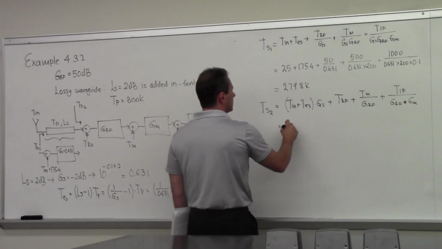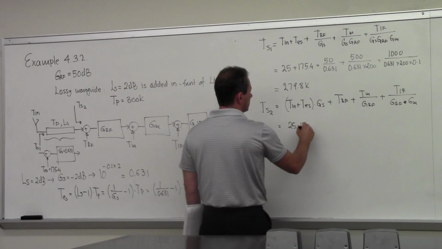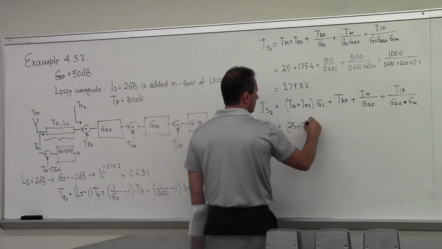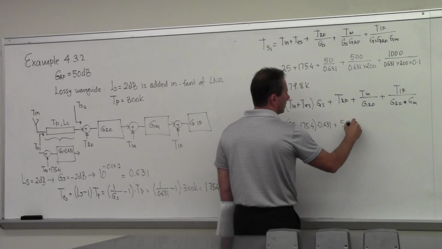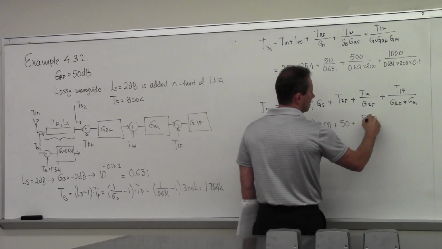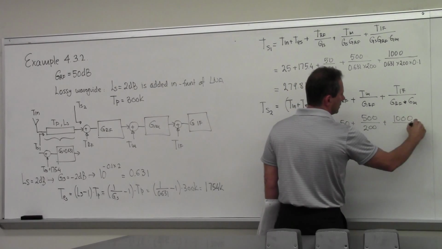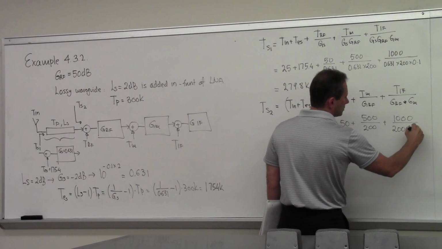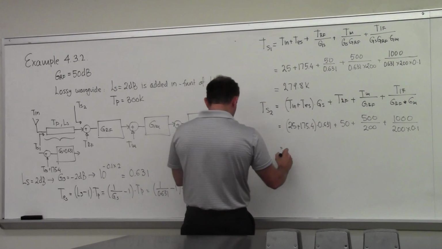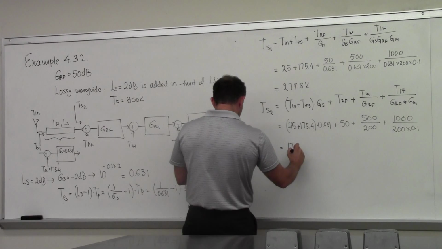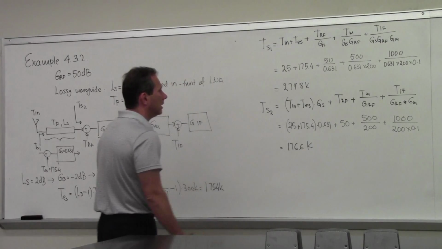In our case, this becomes 25 plus 175.4 times 0.631, plus 50, plus 500 divided by 200, and plus 1,000 divided by 200 times 0.1. So this gives us a noise temperature of 176.6 Kelvin at the input of the LNA.